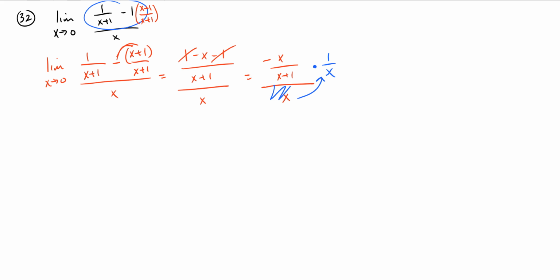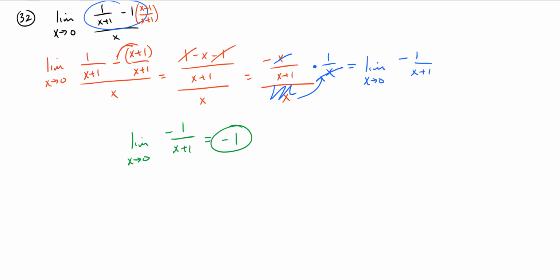So I'm left with the limit as x approaches 0 of, since those x's now cancel out, I get negative 1 over x plus 1, and now I can evaluate it at 0. So my final answer, when I plug in a 0, I get just a limit of negative 1.